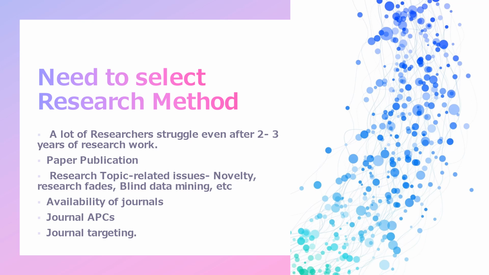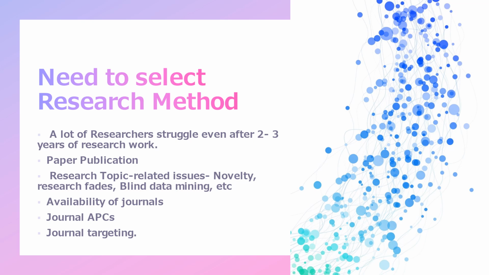For the submission of your PhD thesis, it is mandatory that you qualify this condition: one or two publications in SCI journals, or two publications in Scopus journals. For example, in my IIT, there is a condition that we need to publish two papers in Scopus or SCI journals.